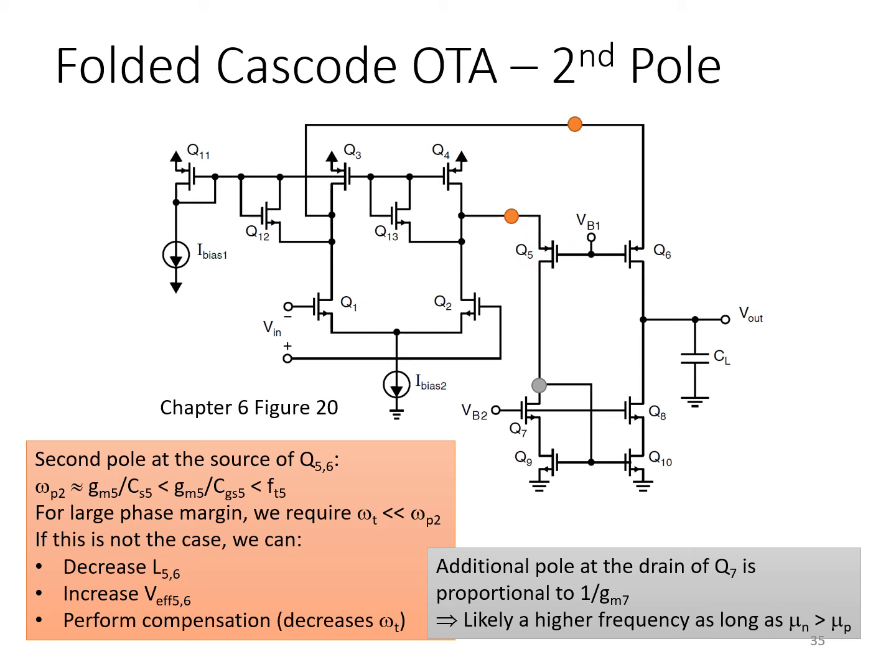And since often the electron mobility is higher than the hole mobility, given that these are biased with the same drain current, we may expect that gm5 is lower than gm9, and that therefore the pole associated with this node is most likely to be a lower frequency.